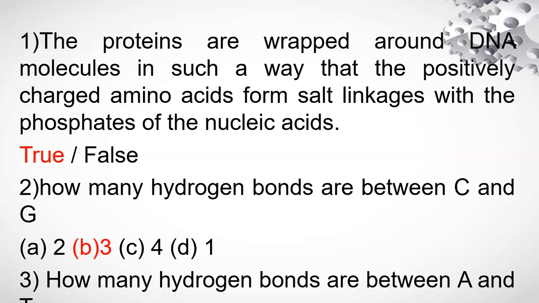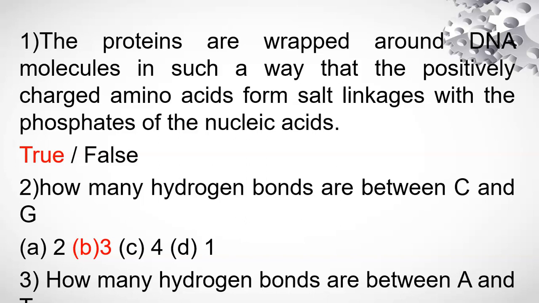So for it to wrap or wound around the protein, it must be in direct contact with the positively charged amino acids such as lysine, arginine, and histidine. So when these three amino acids are present in the protein, they form the salt linkages with the phosphate group in nucleic acids.